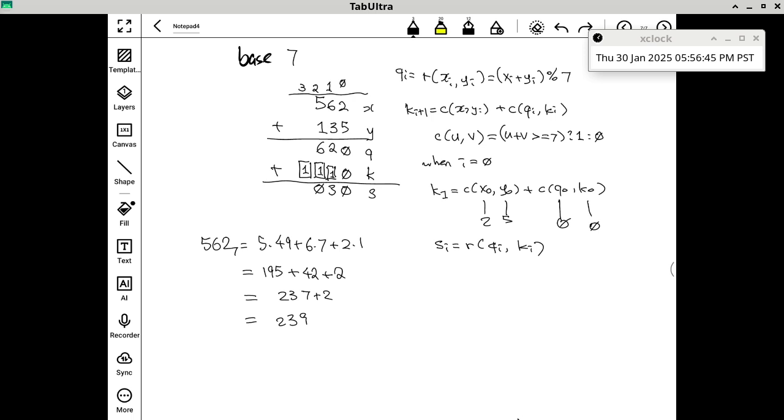That's just my math. 245. So where did I mess up? 5 times 49 is, you're right, 245. So everything is off by 50.